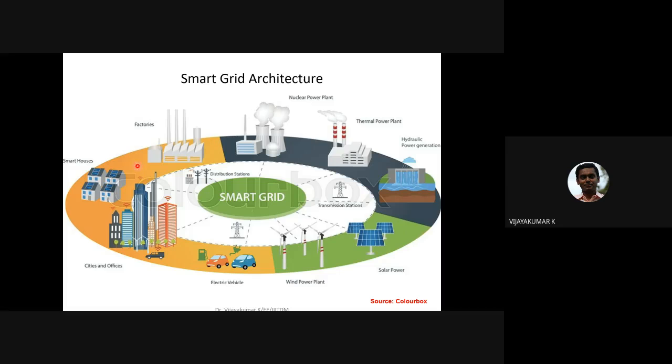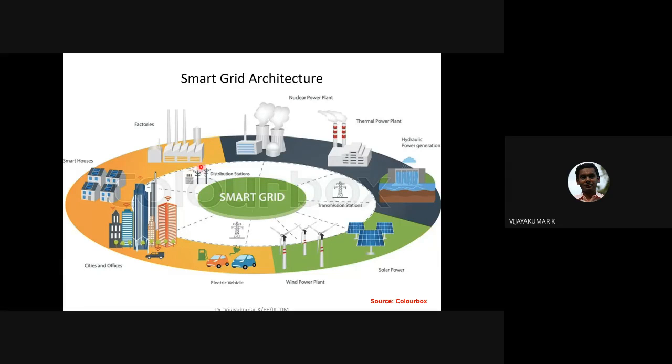These loads are located in the yellow color line, and in the gray we are just generating the power, transmitting and distributing to the loads. This is one-way communication. Earlier, it's not only one-way communication; it's a one-way power flow. We generate at the plants, then transmit and distribute.